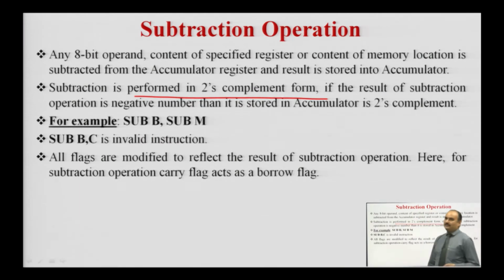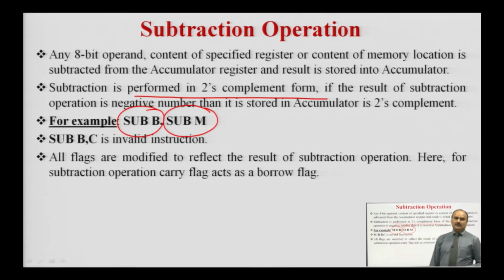Whenever we subtract a number, the microprocessor will convert the second operand into 2's complement form and add it to get the result. If we subtract the higher number from the lower number, the result is in 2's complement form. Examples of this instruction are SUB B and SUB M.